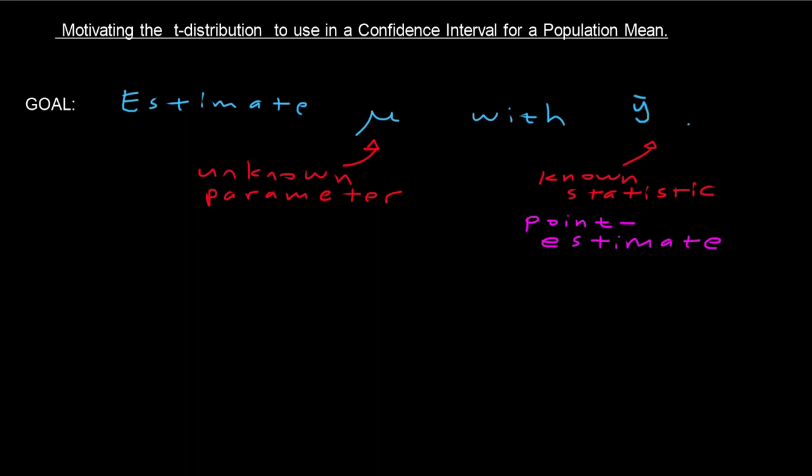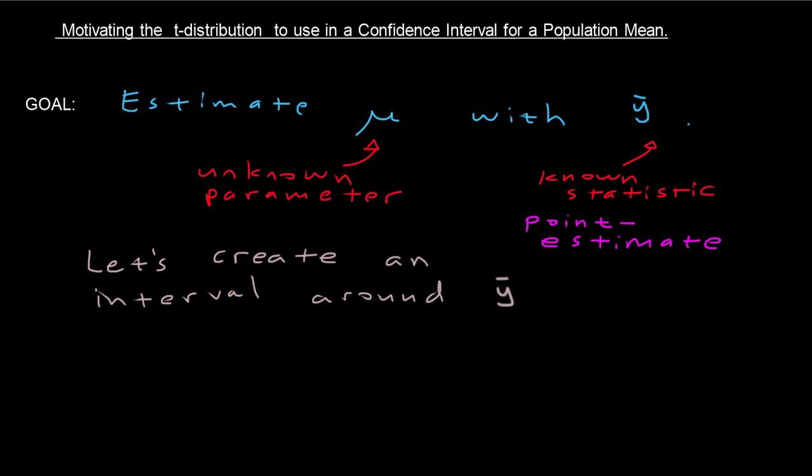So how do we create an interval around the sample mean such that hopefully that interval will contain the population mean, sort of most of the time?